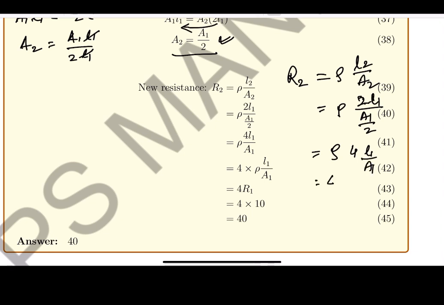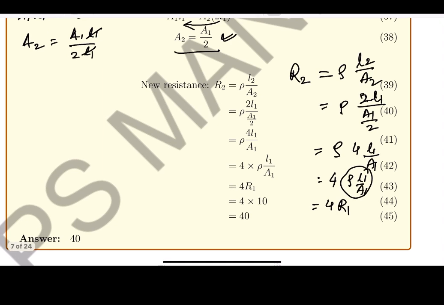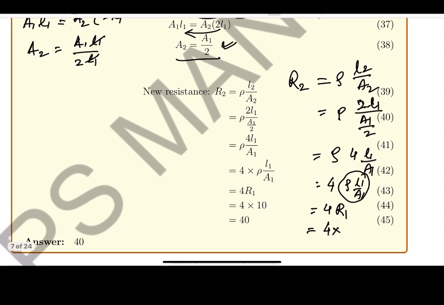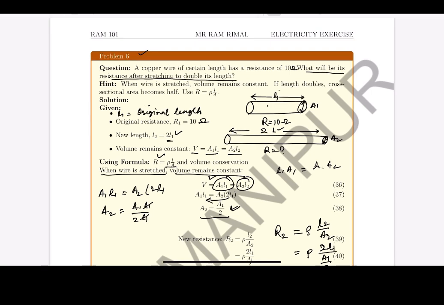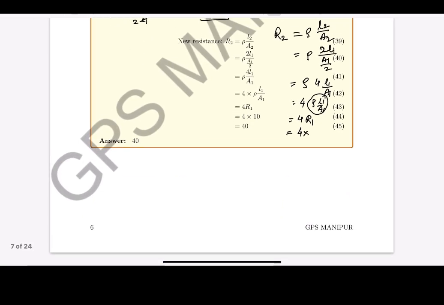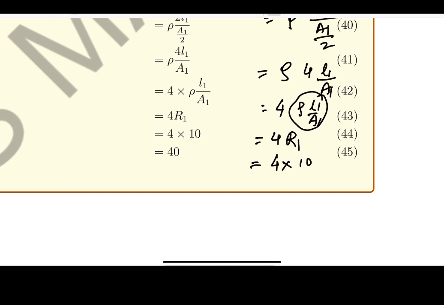So I can write it as 4 rho L1 by A1. This part I can write as R1. So it is 4R1. What is R1? It is given in the question as 10 ohm. So 4 into 10 ohm is 40 ohm.